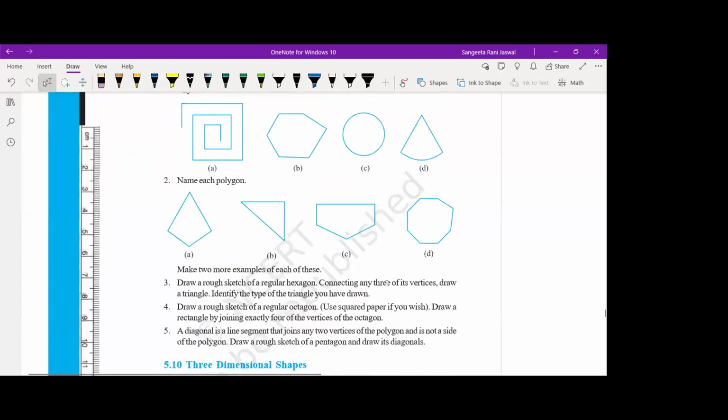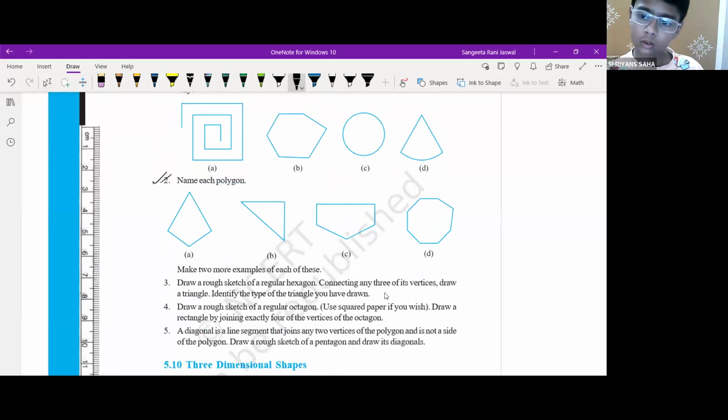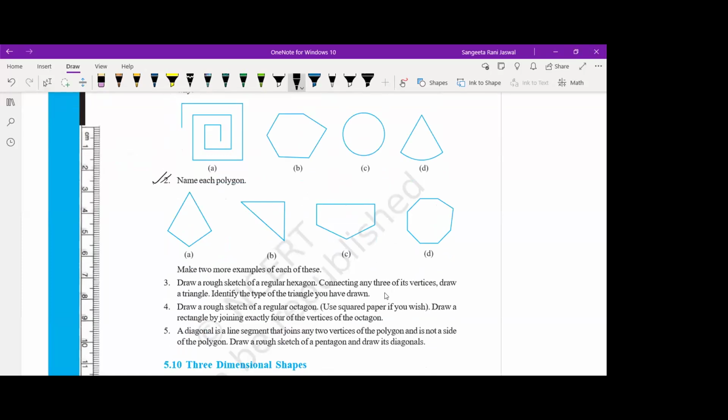So these are some curves here. Name each polygon. Can you name the polygons? See this one, first one. The second question I'm talking about. Fine. It's a kite.